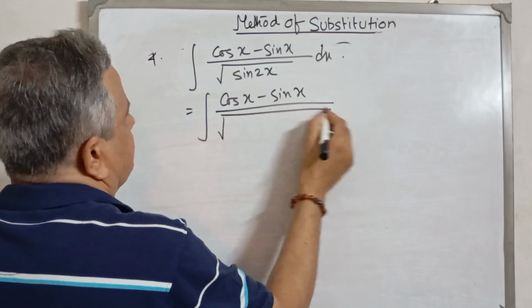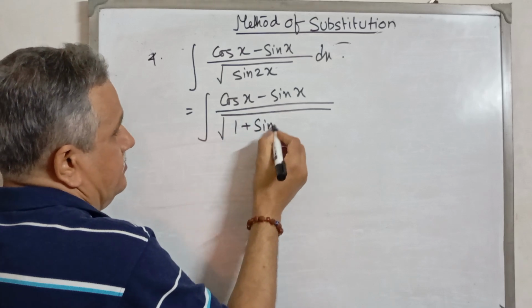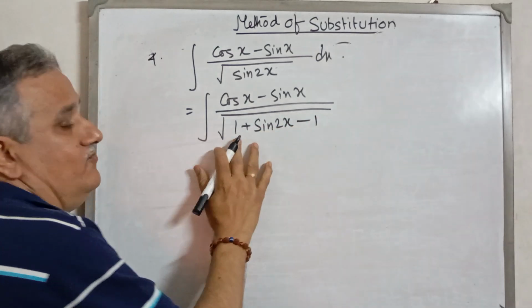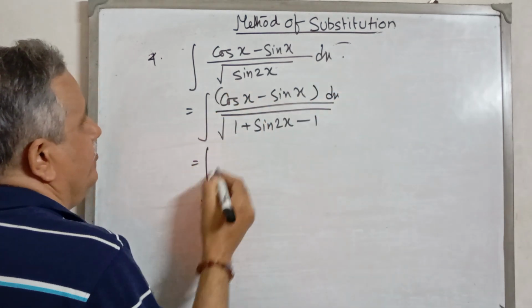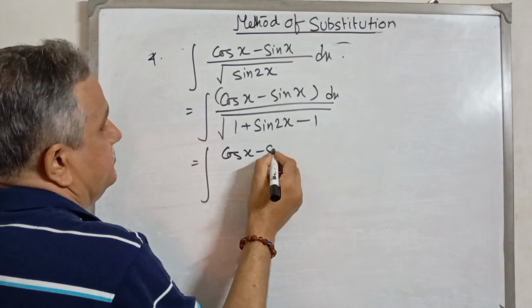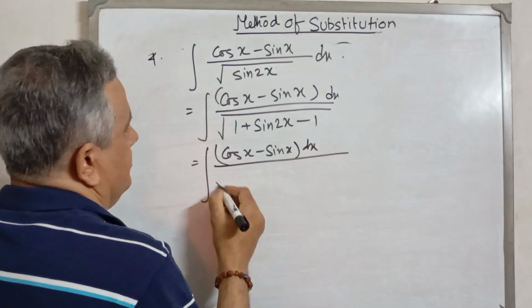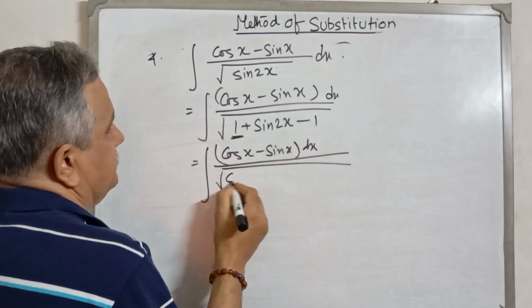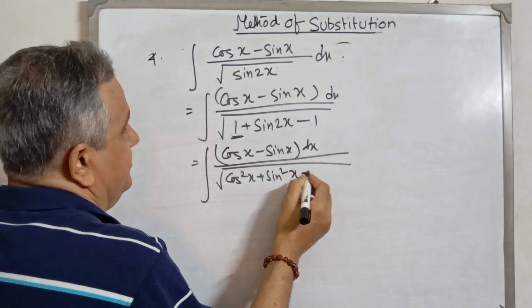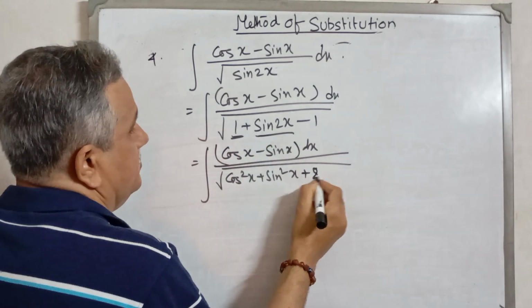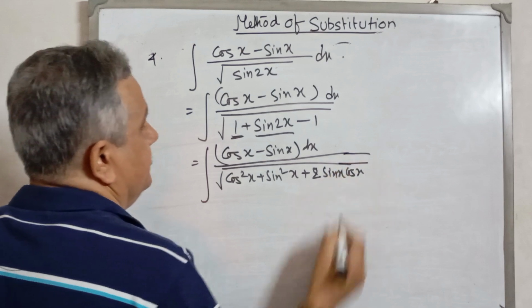Now, sin 2x we can write as 1 plus sin 2x minus 1, adding 1 and subtracting 1. Now 1 can be written as cos square x plus sin square x, and sin 2x can be written as 2 sin x cos x by the multiple angle formula of trigonometry.